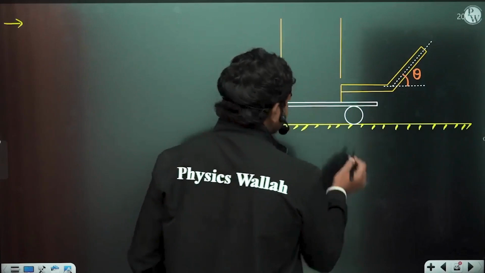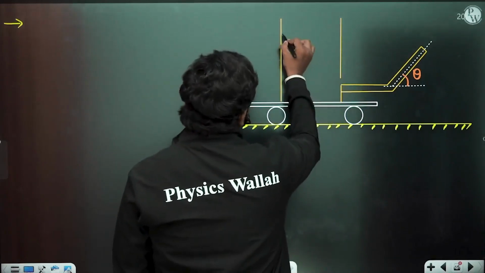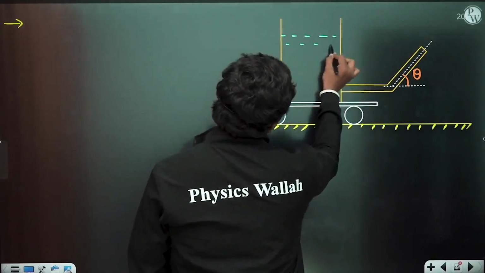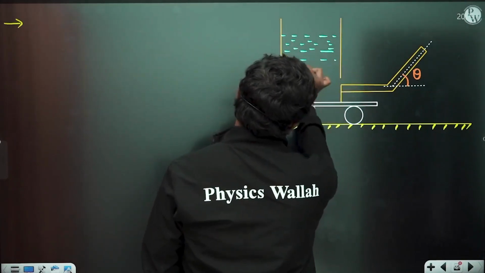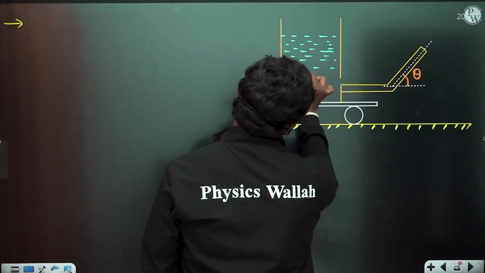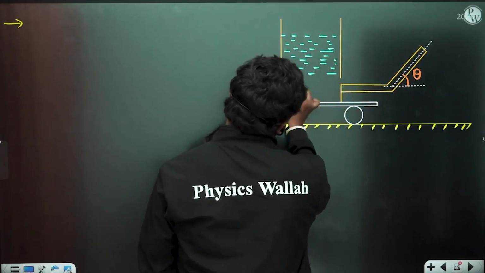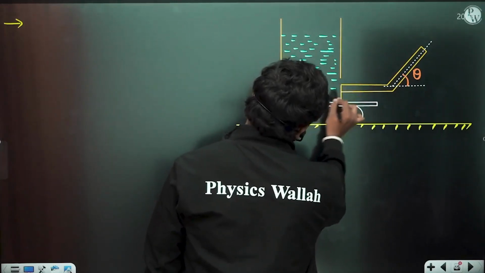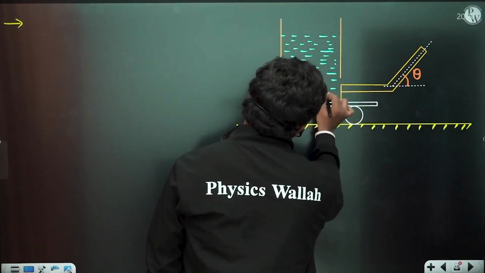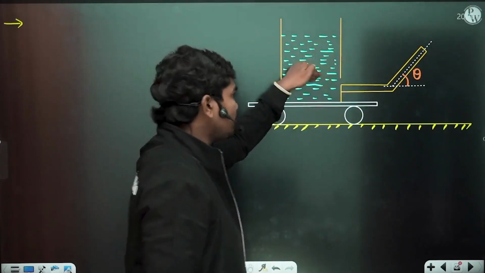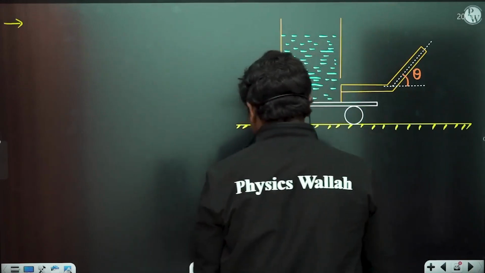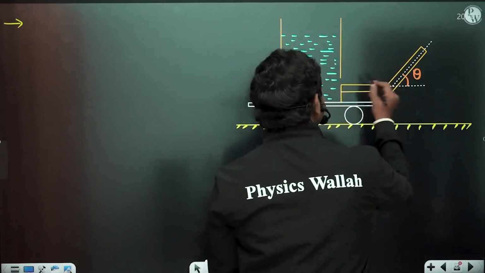Now see here, what happens? Let us suppose it's a large tank, for example. So let us suppose there is some fluid like this. Let us suppose the tank has a small opening, because of which the fluid is actually coming in this direction.